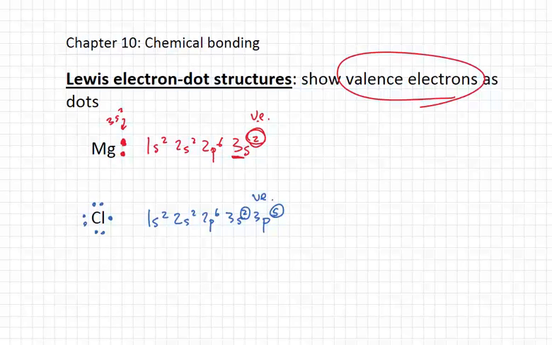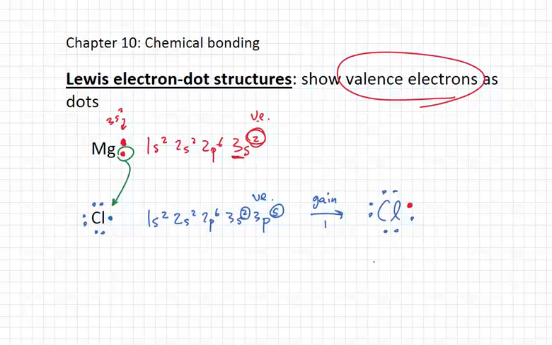So let's take one of these and give it to chlorine. Let's draw the chlorine first, right? Gain 1. We end up with a Cl, had 7 valence electrons. Now it's got 1 more.